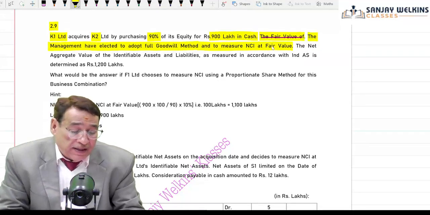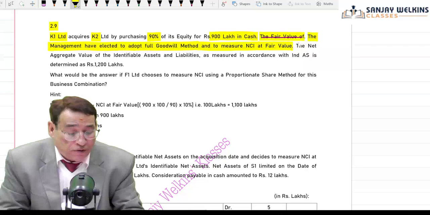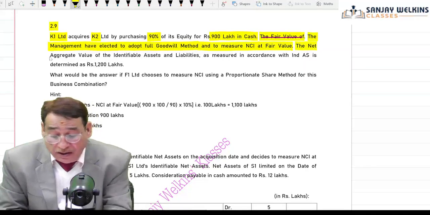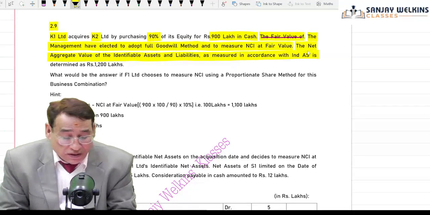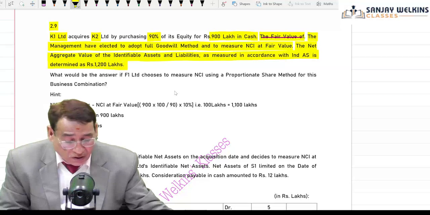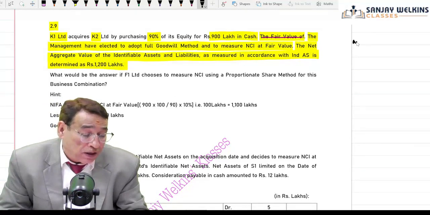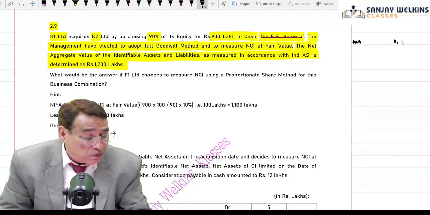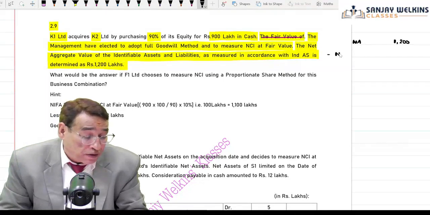So in this case, management is interested in finding out the full value of goodwill, and indirectly it means they want to compute NCI on fair value basis. The net aggregate value of identifiable asset and liabilities measured in accordance with Ind AS is equal to 1,200 lakhs. So it is a simple question, should not pose you any difficulty. Net asset is equal to 1,200. You have to find out NCI on fair value basis.